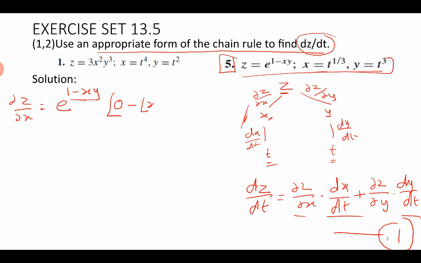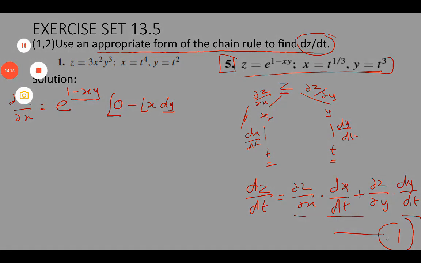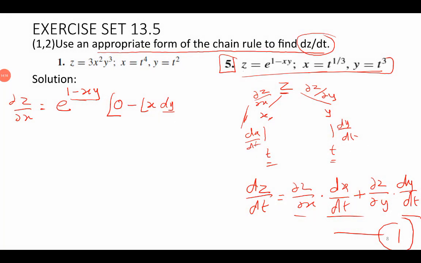Keep x, differentiate y. I'm sorry, when we are differentiating z with respect to x partially, y should be treated as constant. This is not product rule. So minus x, actually y is the constant. When you differentiate x, you will get 1. So this is negative y. The answer here is negative y e raised to 1 minus xy.